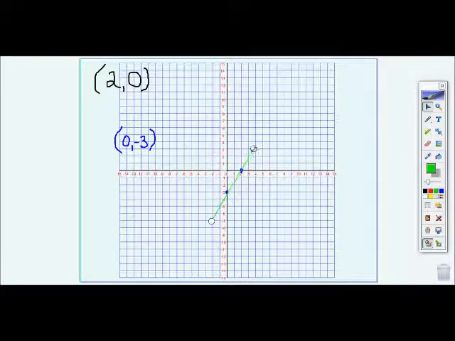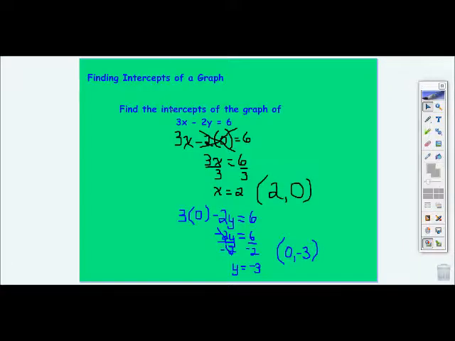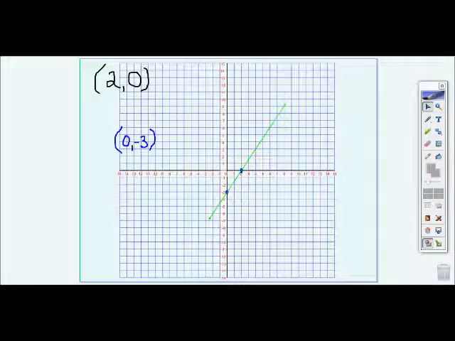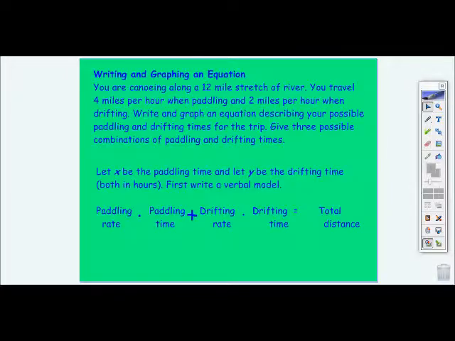And my linear equation shows me all the other possible solutions that would work in my original equation, 3x minus 2y equals 6. Any of the points on the line that my line crosses through would be xy solutions that make it a true equation.